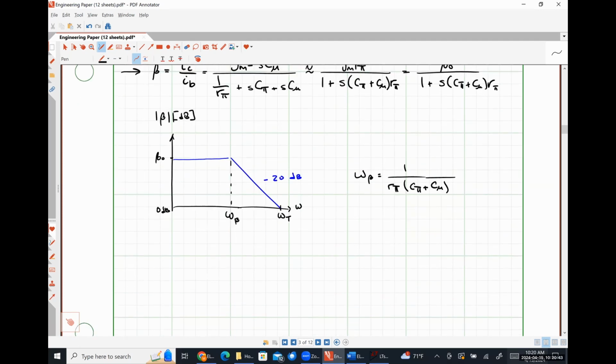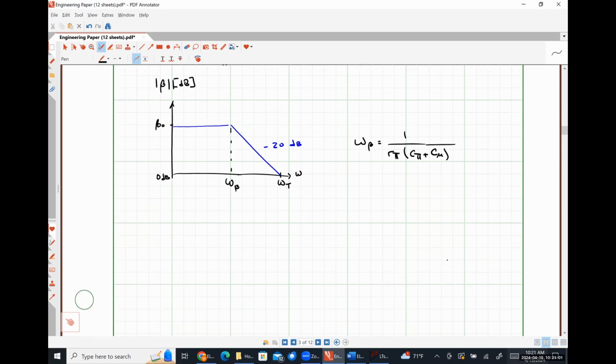So this is effectively what we would call the unity gain bandwidth of our transistor, because our current gain, the ratio of our collector current to our base current, is at exactly 1 at this particular angular frequency.